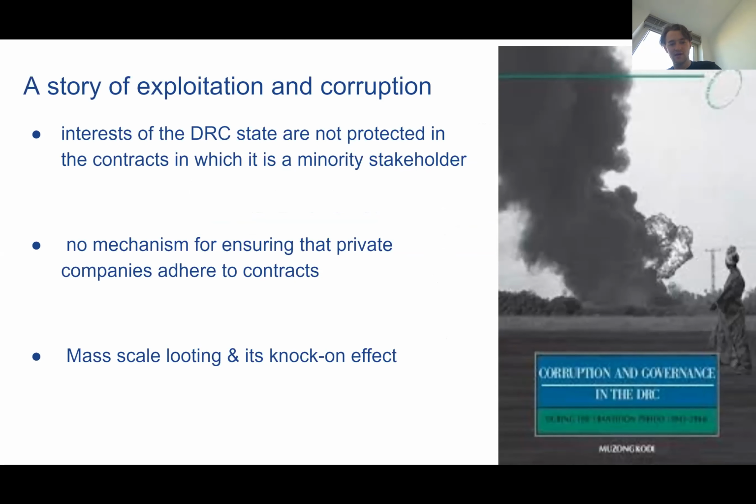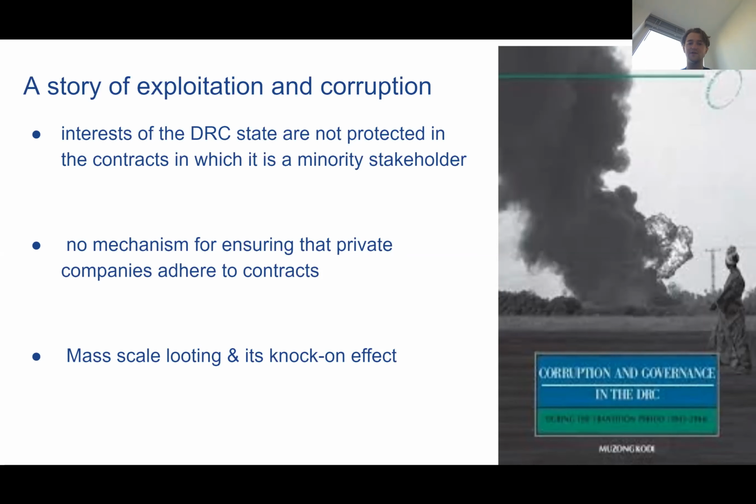And finally, during the Second Congo War, Rwanda and Uganda participated in mass-scale looting of the DRC's mineral resources and mines. And there's a knock-on effect to this, as companies were set up in Rwanda and Uganda to facilitate this mass-scale looting. International mining companies would have been complicit in this by trading in minerals and resources that flowed to Rwanda and Uganda illegally.